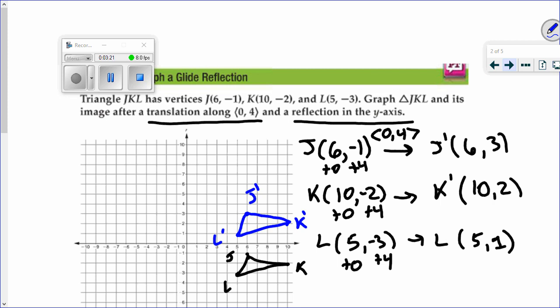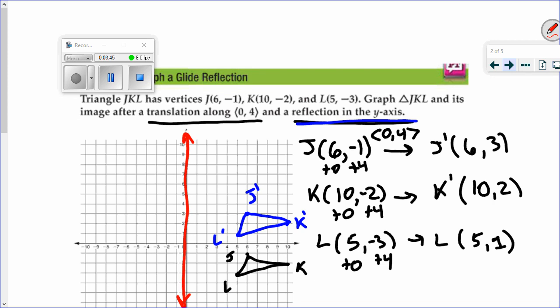Now we want a reflection in the y-axis. Remember, with reflections in the coordinate plane, unless it's along y equals x, we just want to know how many units it is away from where we're reflecting it. If we're reflecting across the y-axis, we want to know how far each of these points is to the right.